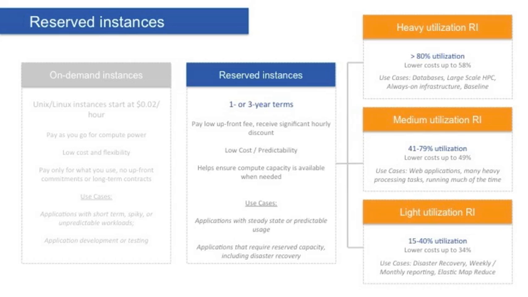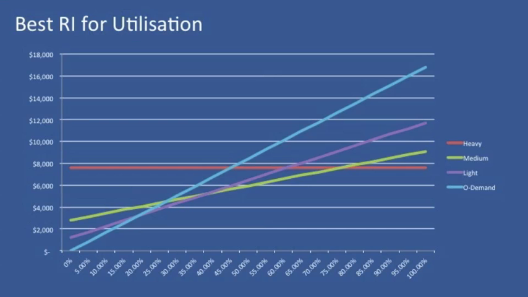So if you look at a break-even chart, these are lines that represent the different types of RIs. Okay, so the red line there is a heavy utilization RI that's got a flat cost to it, and then the others are on demand, where light and medium have different slopes, and then on demand there we can see in light blue. Now clearly you can plot your utilization of a resource at any given time, and we can look at this as an example cost structure of a given instance type.